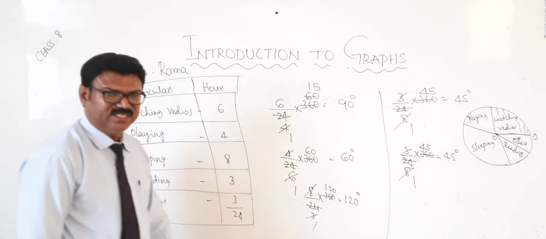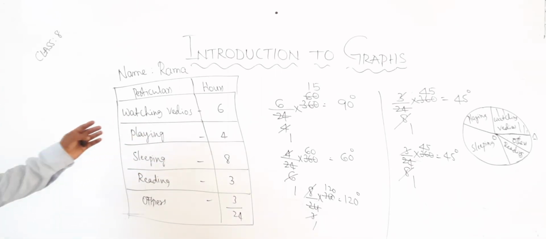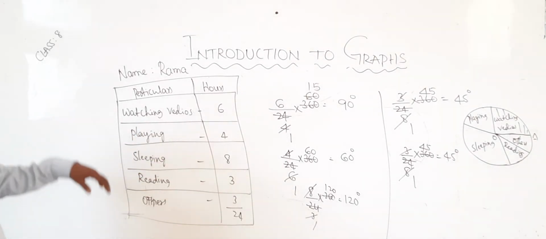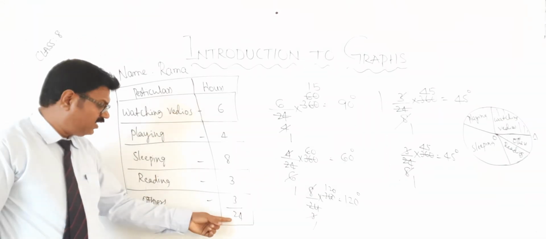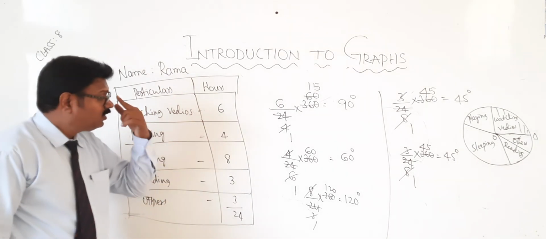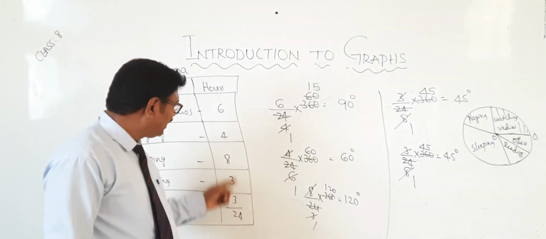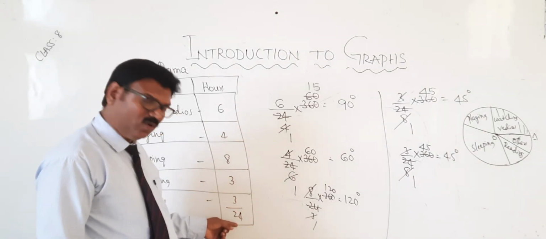Okay? Yes. Like this, you have to draw a pie chart. So first, what you have to do? First, we should take the total. Total is how much? 24. Now take the first number. How many hours? 6 hours, divided by the total hours per day, 24.